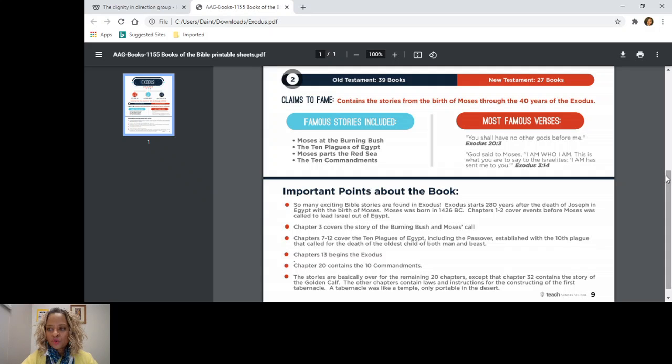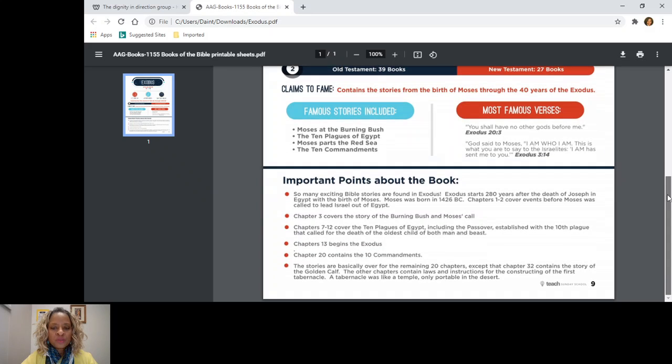All right, so as we look at important points about the book, I will let you read through that as well. It gives you highlights so that you can know exactly where to go within the book of Exodus to be able to use it wisely.